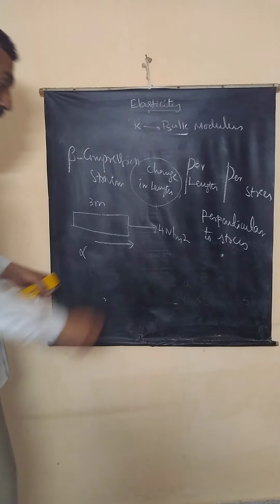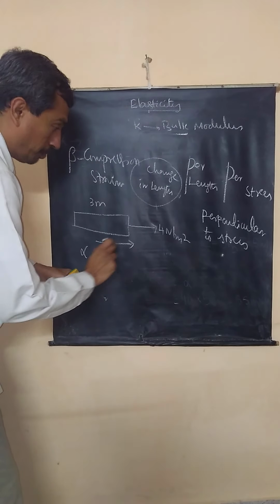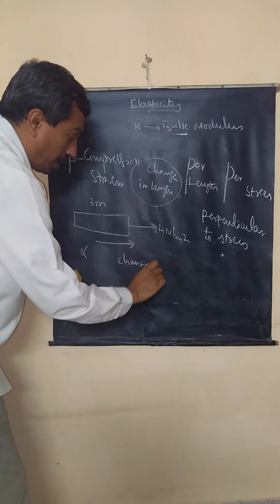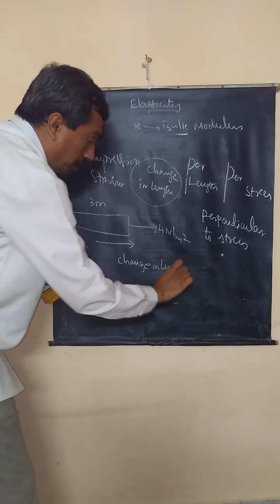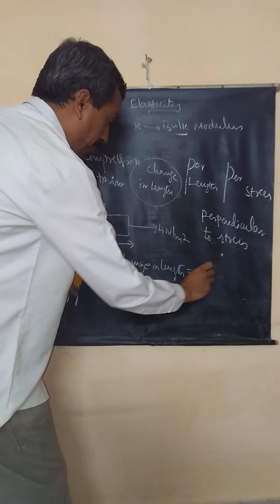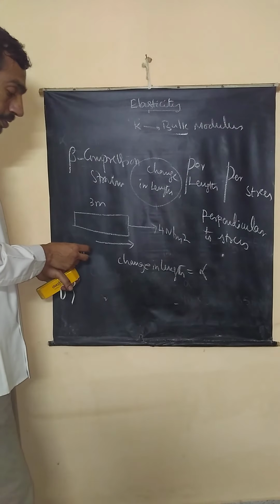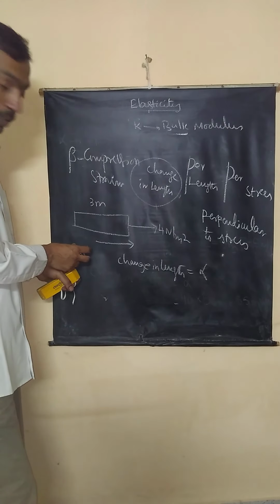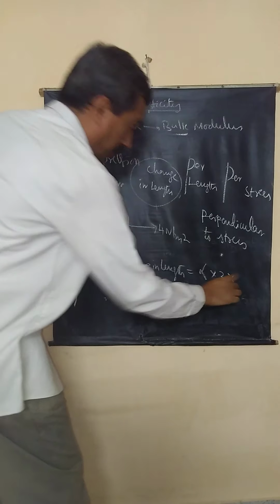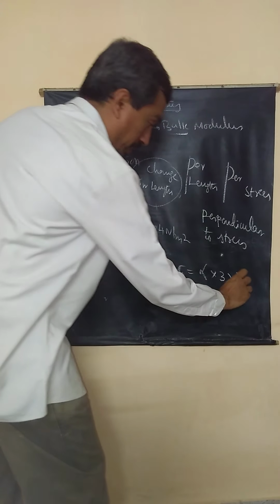When the stress is applied, the net elongation, or increase in length, is equal to alpha, the elongation per unit length per unit stress, into the given length into the given stress.